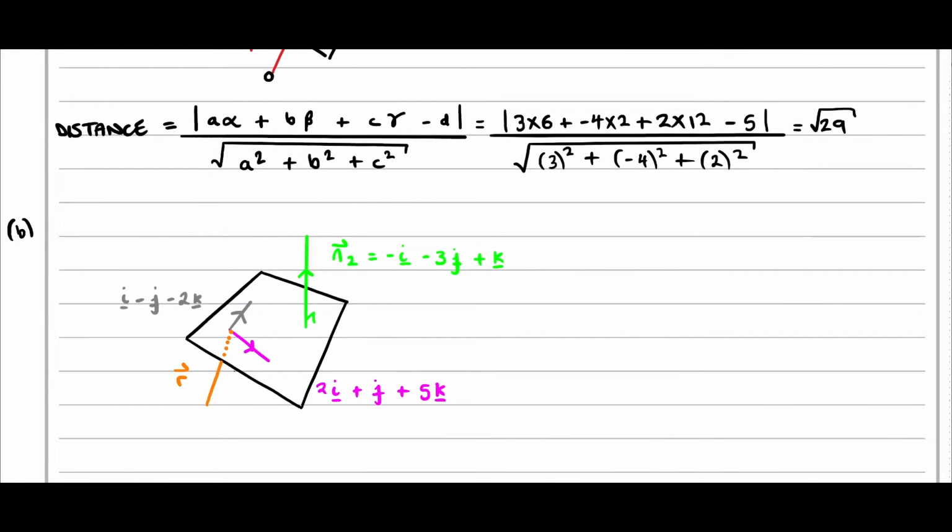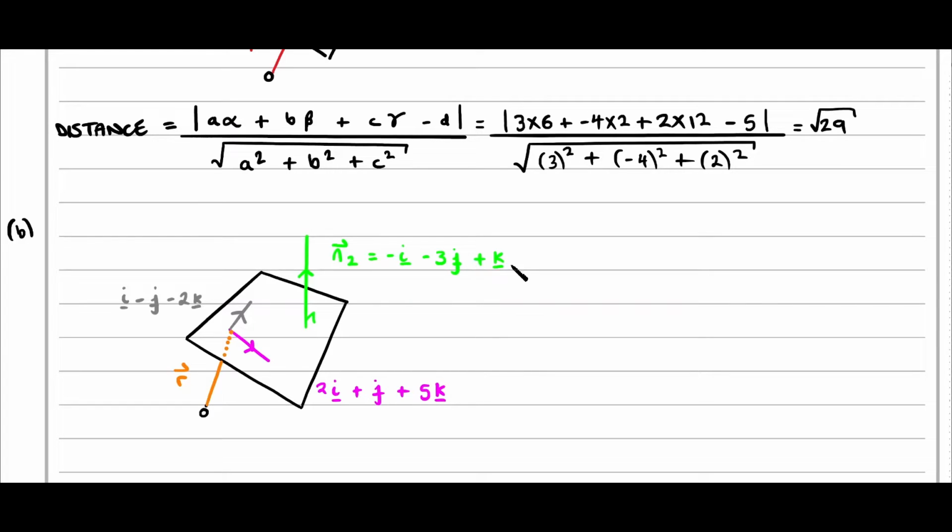So I've drawn the plane over here. We've got our vector r from the origin, and then we've got these parameters, these vectors i minus j minus 2k and 2i plus j plus 5k shown in the grey and the purple, and we've got this normal vector perpendicular to the plane, minus i minus 3j plus k.